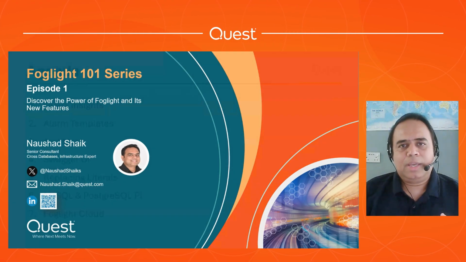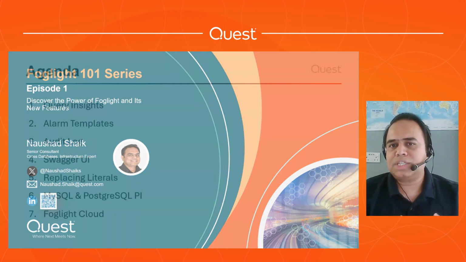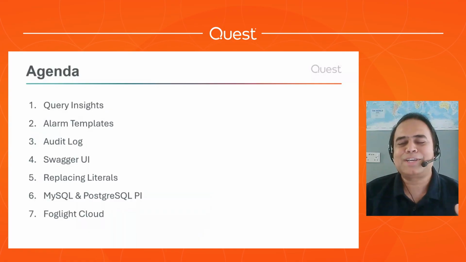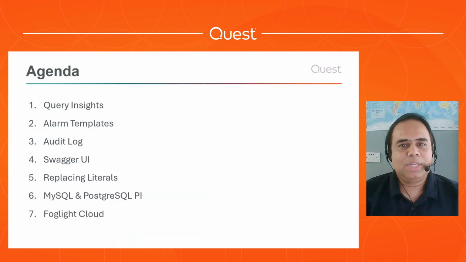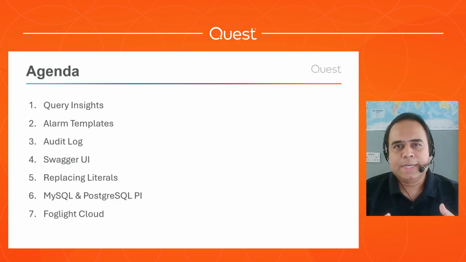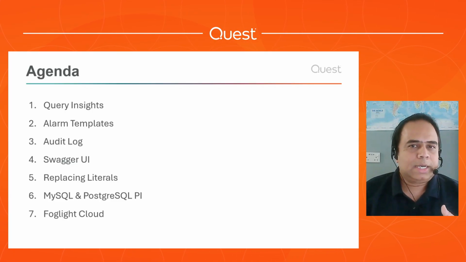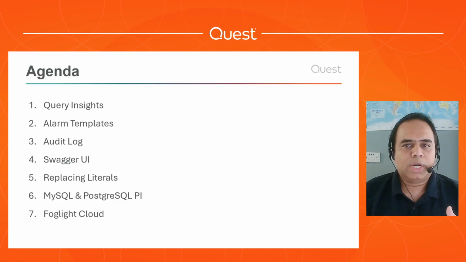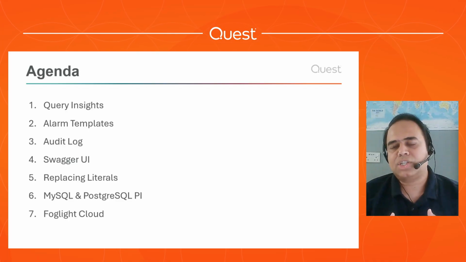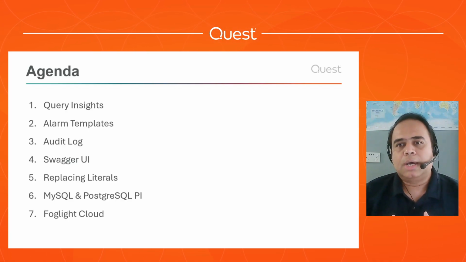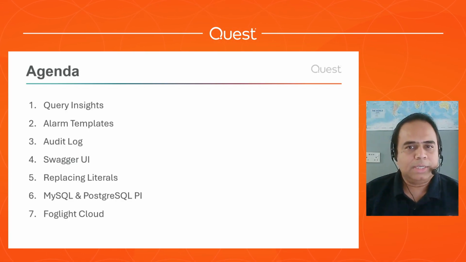So very quickly, today's agenda is filled with lots of fun stuff, where we will learn how to use Query Insights, how to focus on database queries that take most of the time, how to simplify alarm management and workflows, and the use of alarm templates. Let's take a look at Audit UI, where all user actions and system changes are recorded.